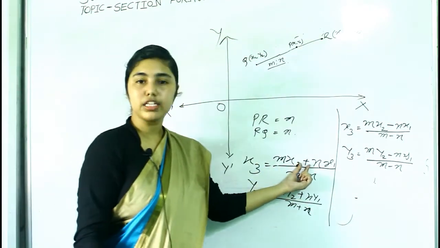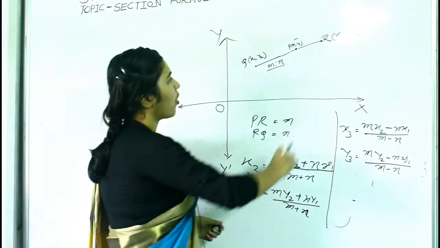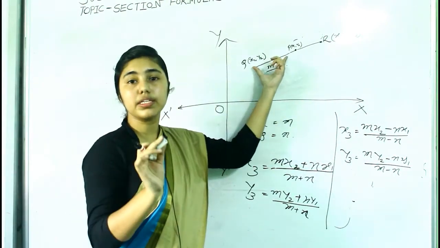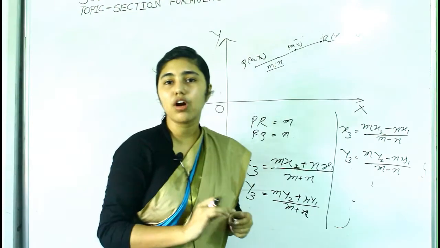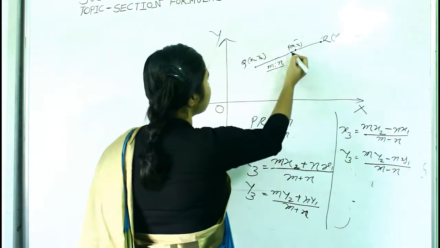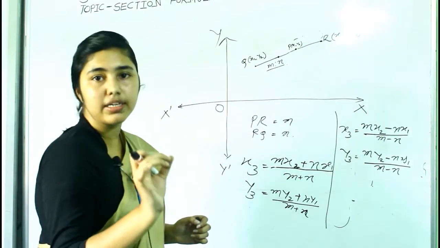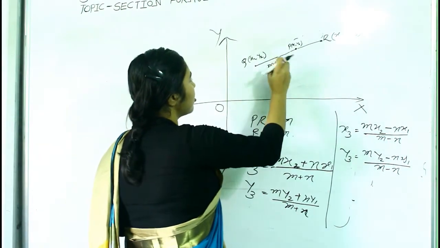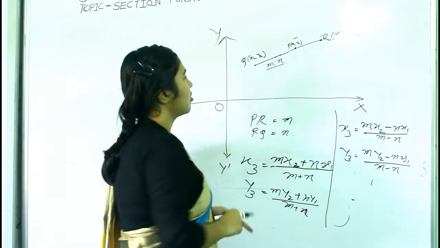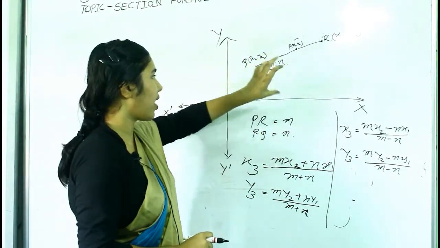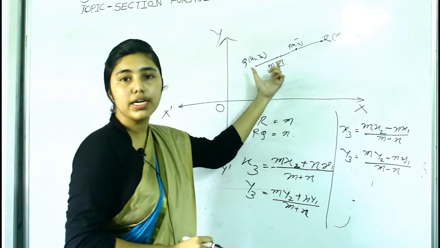Here the sign is positive when the point R divides the line segment internally. What is the meaning of internally? Internally means the point will be in between P and Q. In that case, we can say that the point R divides this line PQ internally.